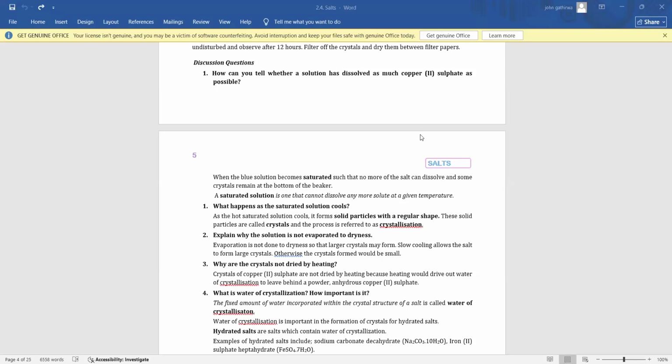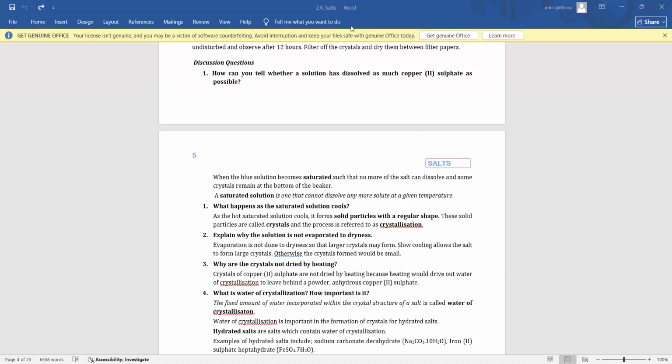Add water to the mixture to dissolve sodium chloride. Then filter to obtain lead sulfate as residue and dry between filter papers. Next, heat the filtrate to saturation to obtain sodium chloride crystals. I hope you have gotten what I've said.